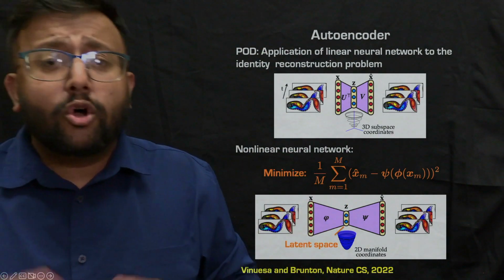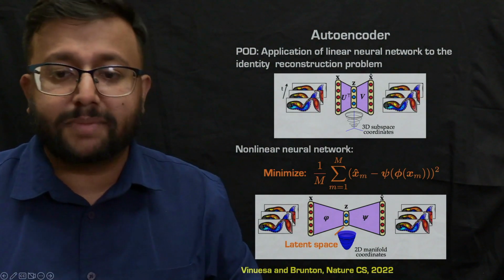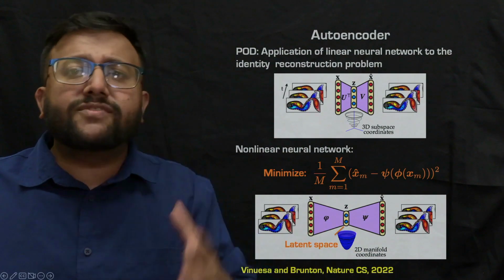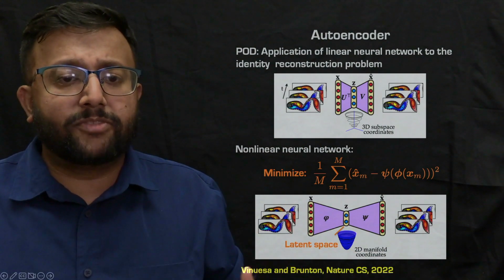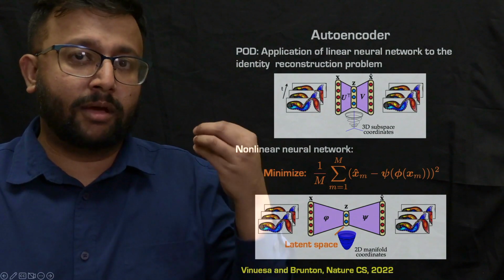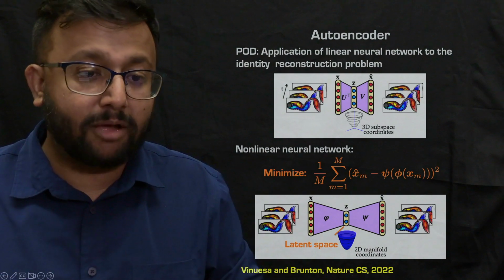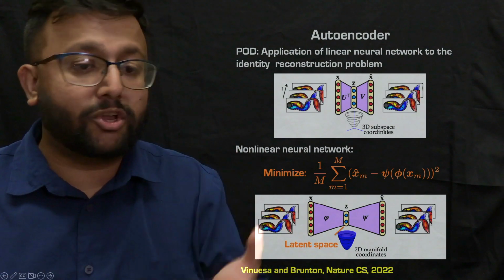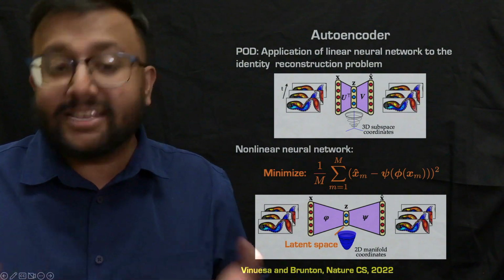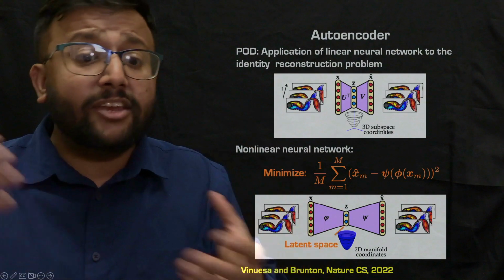So the smaller we can make the size of the hidden layer or this latent space, the more effective the compression is, right? This gives us a really nice use case of applying multi-layer perceptrons to this identity reconstruction problem. From a mathematical point of view, you're trying to minimize the error between the estimate, which is x hat, and your encoder-decoder.